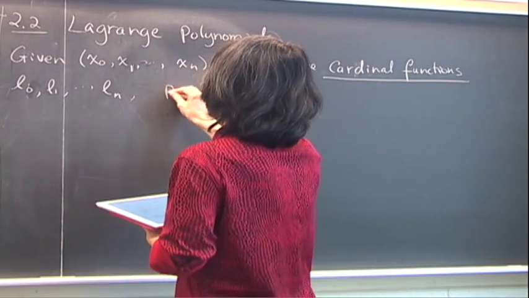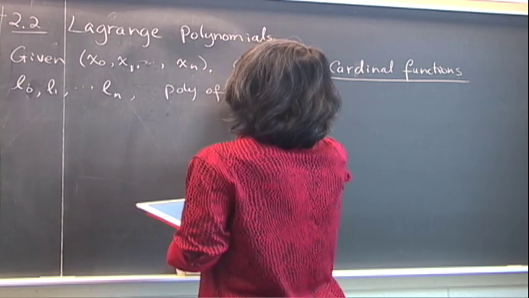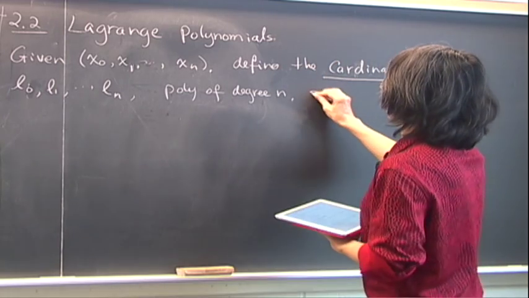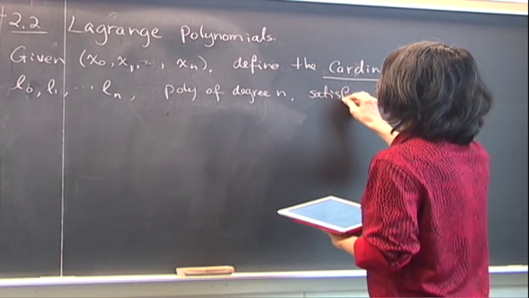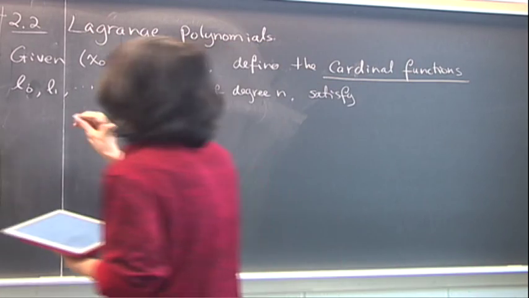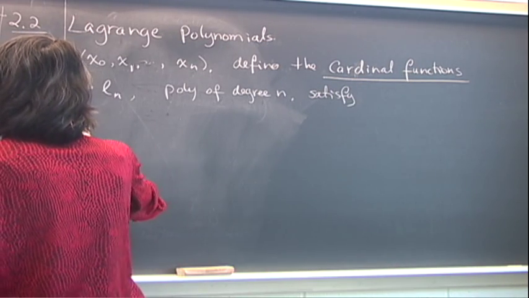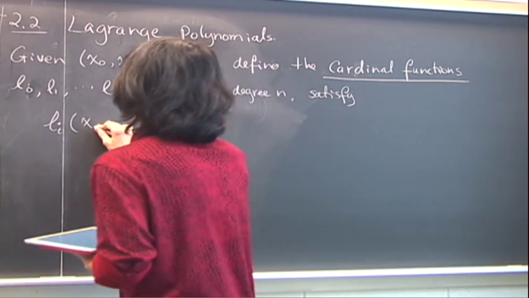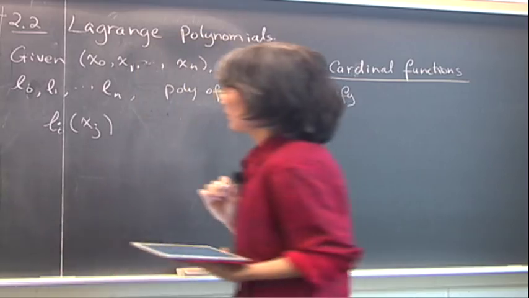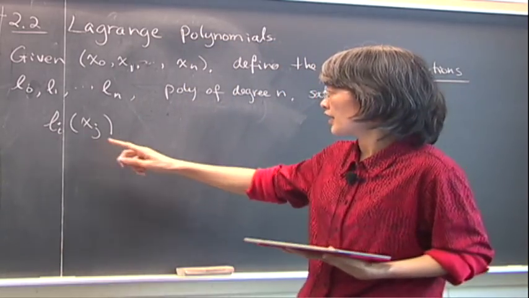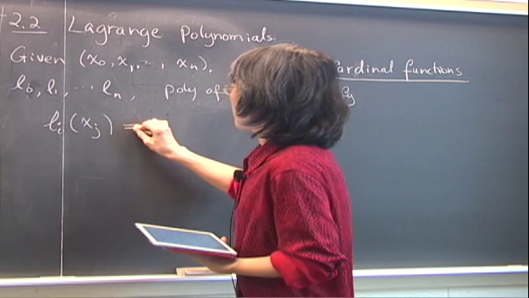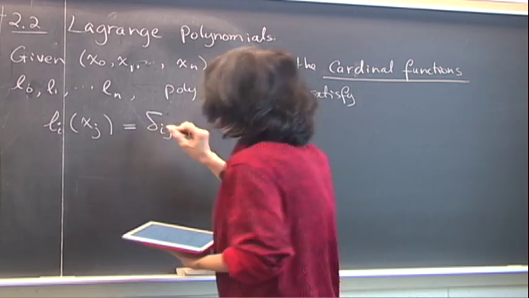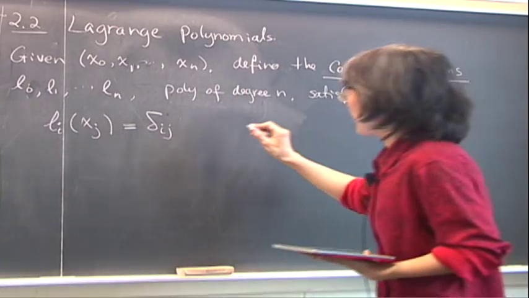So these are polynomials of degree n, okay? They satisfy the following. If you look at the ith cardinal function evaluated at the grid point xj, can you see this is i, this is j? That equals the Kronecker delta. I'll explain.